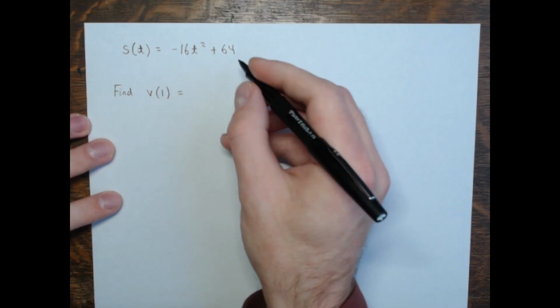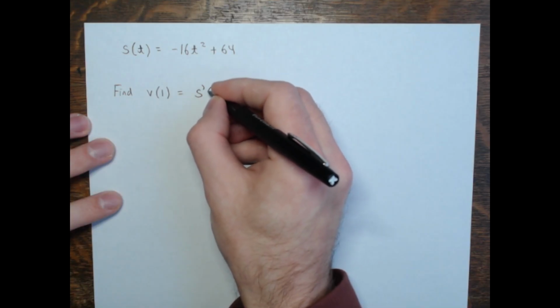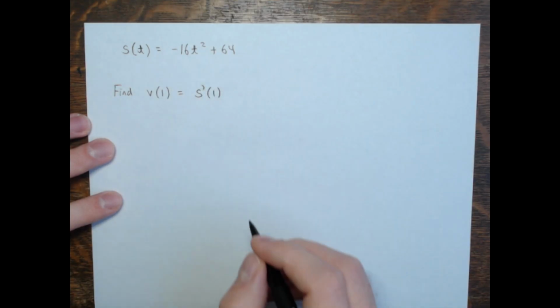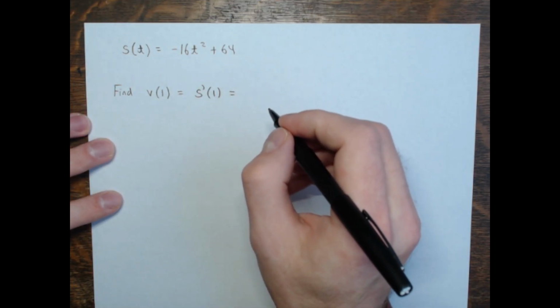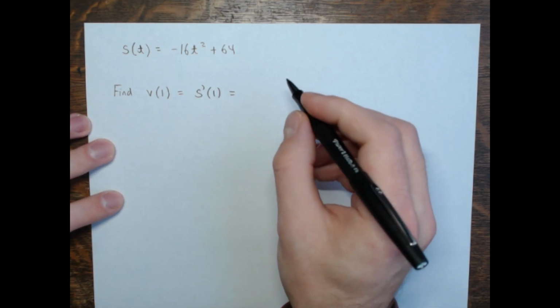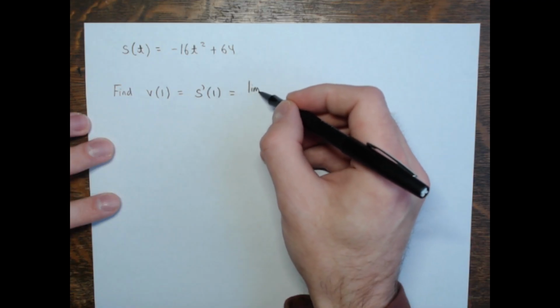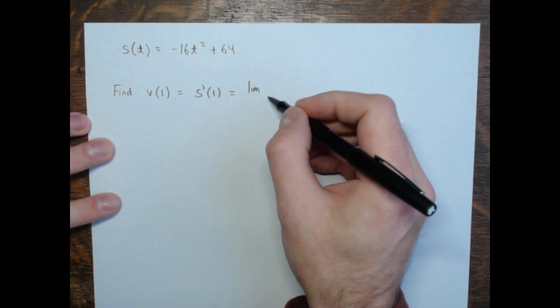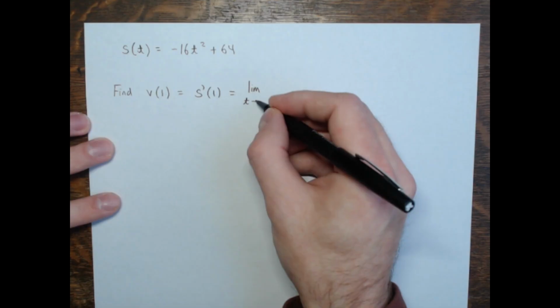Another way of stating this, once again, is the derivative of the position function at 1 second, s prime at 1 second, which using either definition, but like you've been hearing me say, I prefer that first definition. So I'm going to go from 1 second to t, some value t that's not 1, and then have t approach 1.